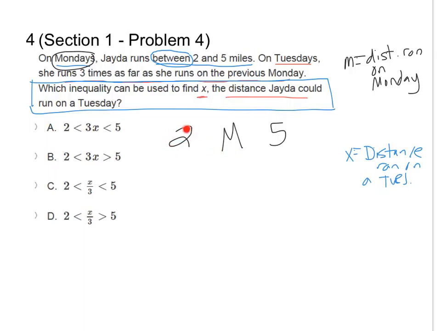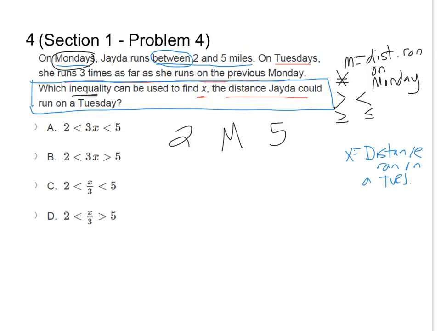It's got to be bigger than 2, but it's got to be smaller than 5.